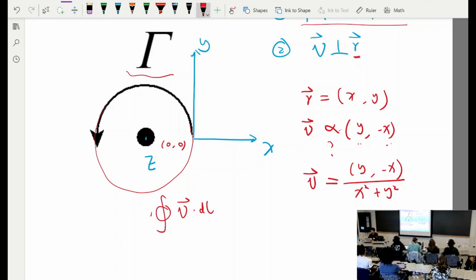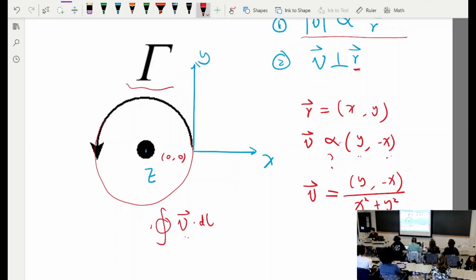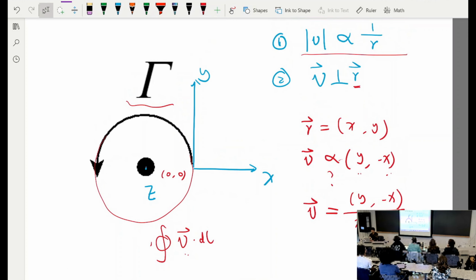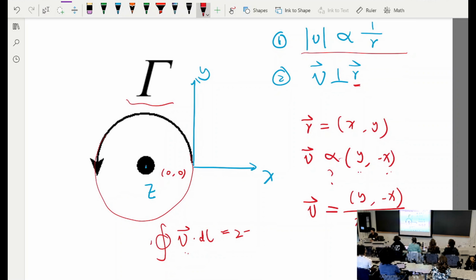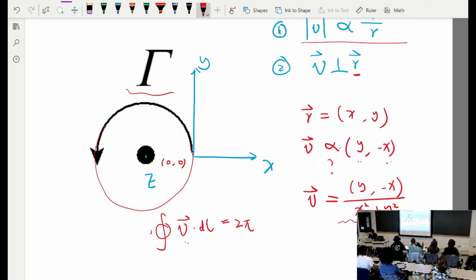Yes, 2 pi r. The length of dl, if you integrate it, is 2 pi r, and the velocity has a magnitude of 1 over r. So it's 2 pi. So this velocity field is induced by a vortex of circulation 2 pi.